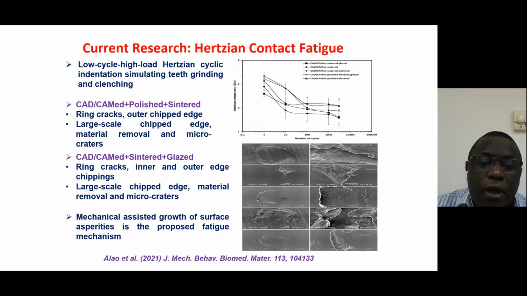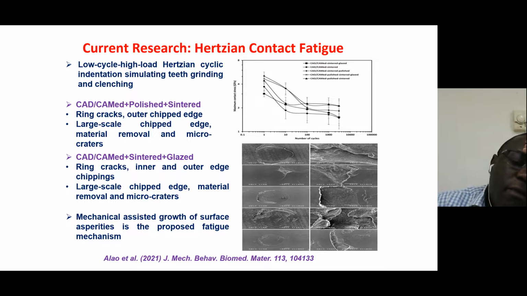The fatigue test that simulates the intraoral cavity, or what operates in the mouth, is known as Hertzian contact fatigue, in which a flat material is indented with a spherical indenter at different cyclic loads and different frequencies to generate what is known as the SN curve, to failure.